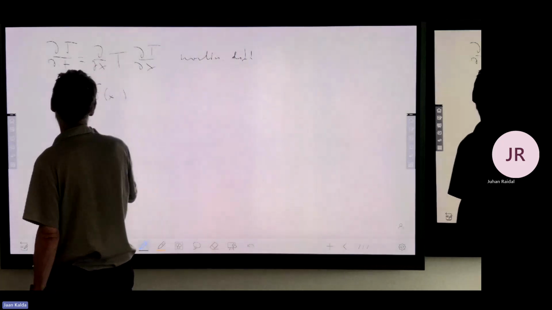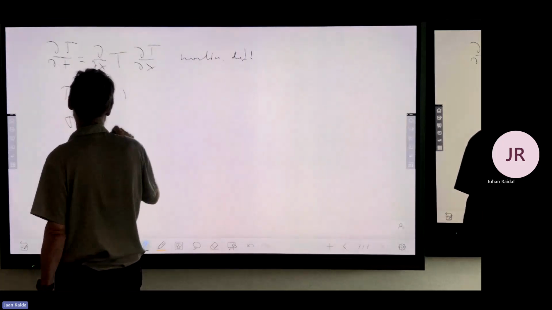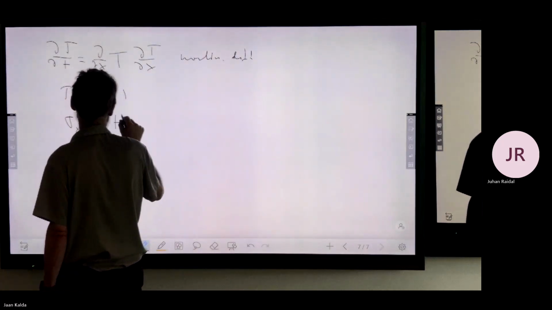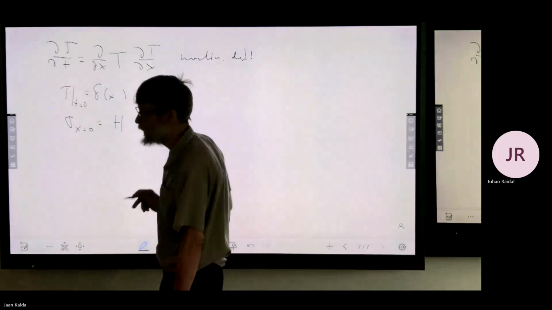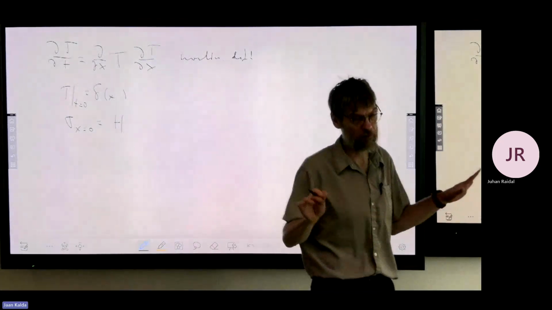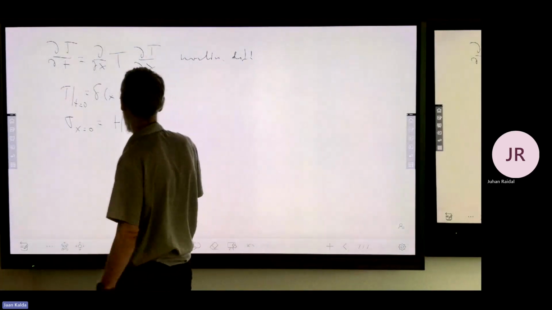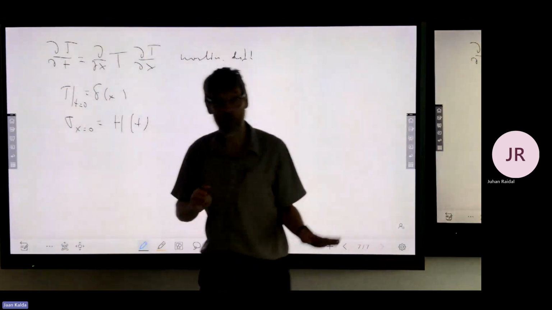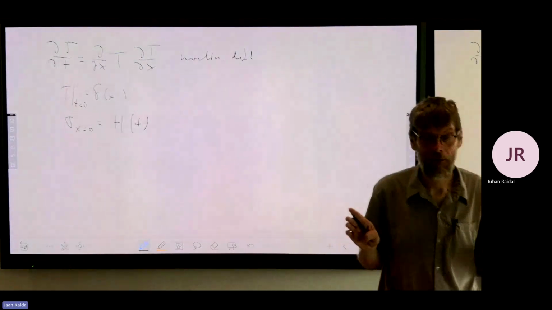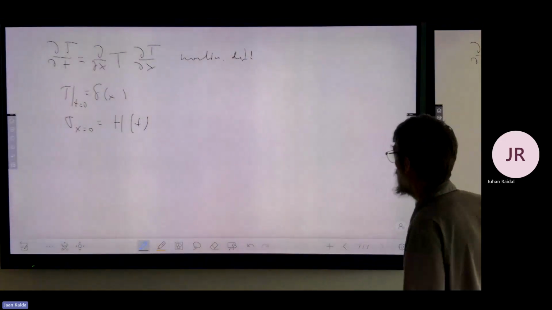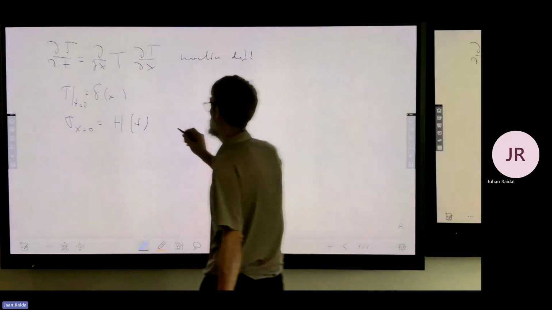And T at x equal to 0 equals a Heaviside function. Basically, what we did was we had a Heaviside function, we switched it on, right? A Heaviside function of t. Raise your hand if you know what Heaviside is. You can sometimes also call it the theta function.